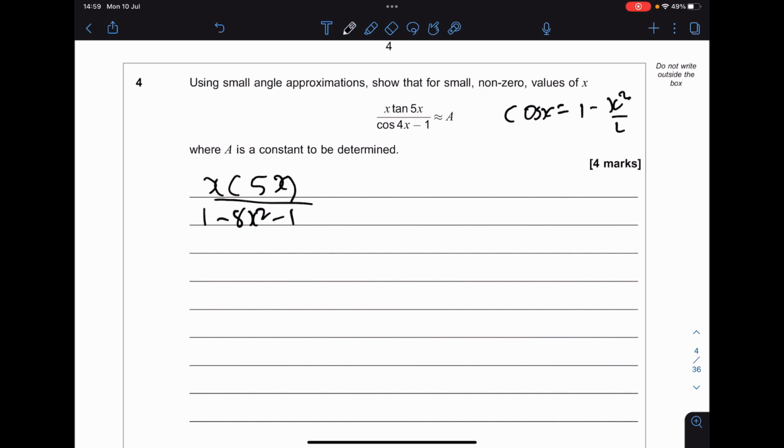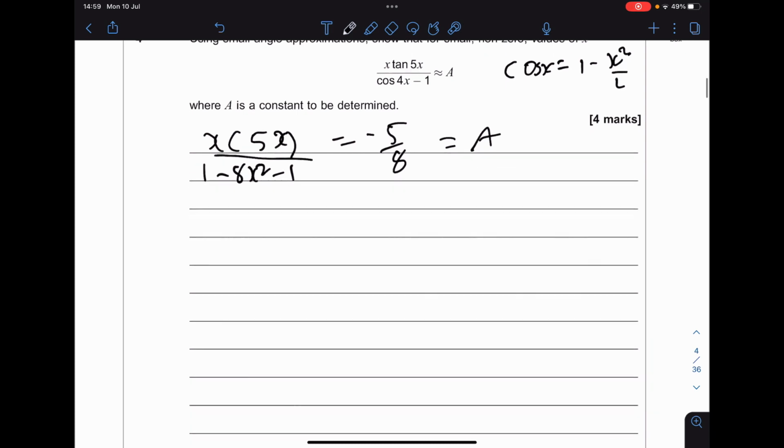Okay, so just need to tidy that up. That's going to get me minus 5 over 8, which is equal to a. Alright, so just using small angle approximations there, tan of 5x will be 5x, and cos of 4x will be 1 minus 4x squared over 2, so which is 16x squared over 2, which will be the 8x squared as you get there. Okay.